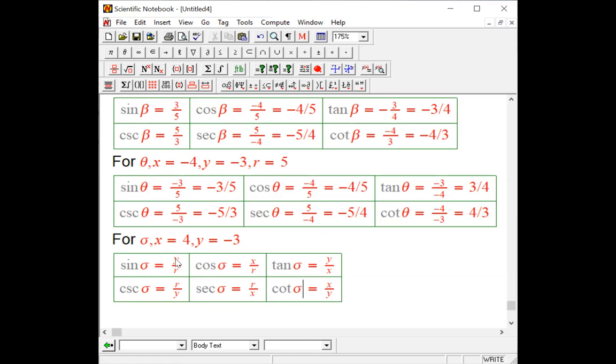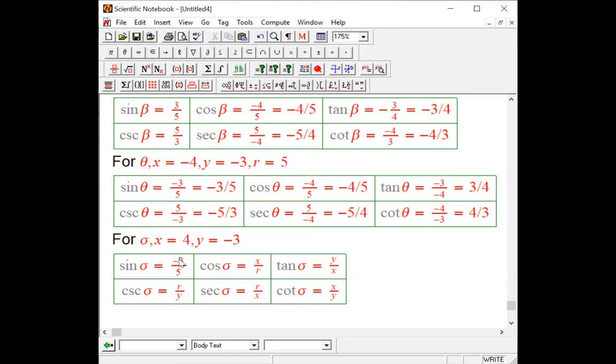So y over r: this y is -3 and r is 5, so you can put the negative sign in front. You know how to enter that already, so I'm not going to spend more time on it. Then 4/5: y is -3, and over here is a 4, so you can put a negative sign in front of it.